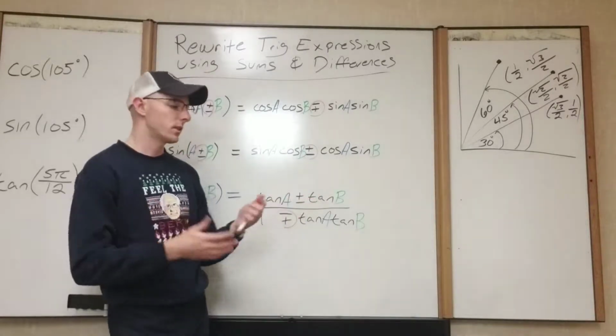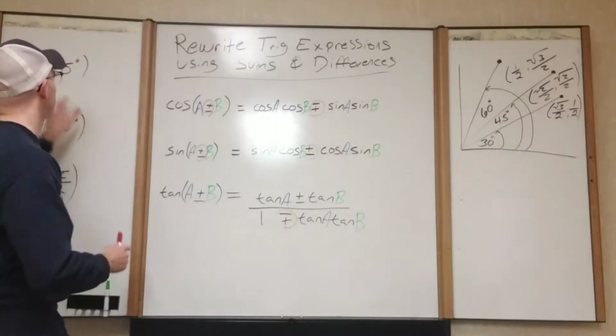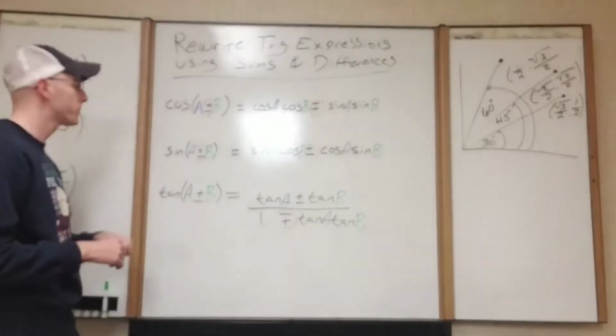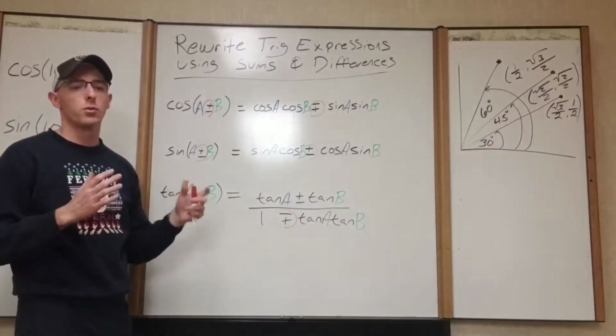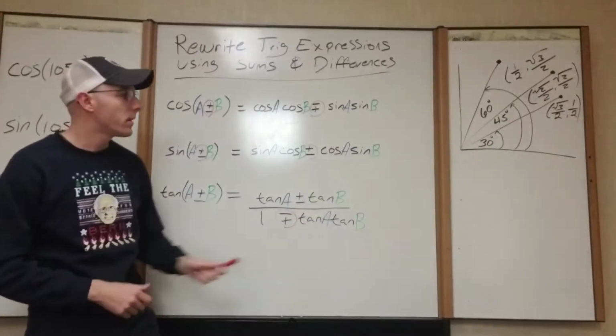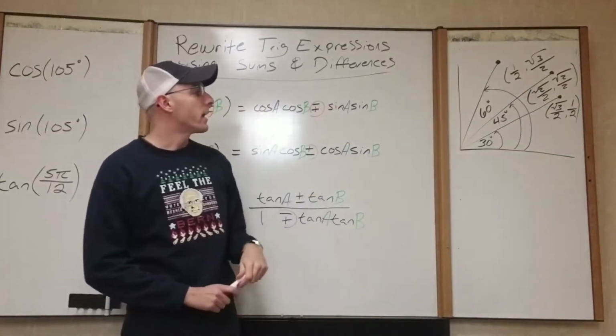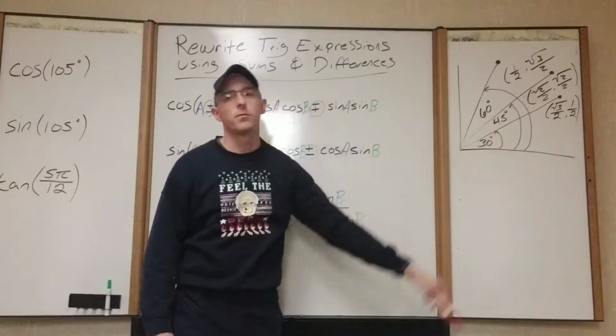So what that really looks like is, say you have the cosine of 105 degrees, you're trying to find that value. Well, you can break 105 degrees down into either the sum or difference of two values that we already know. And you can see we have our unit circle here, and 105 degrees we could achieve with 60 degrees and 45 degrees.